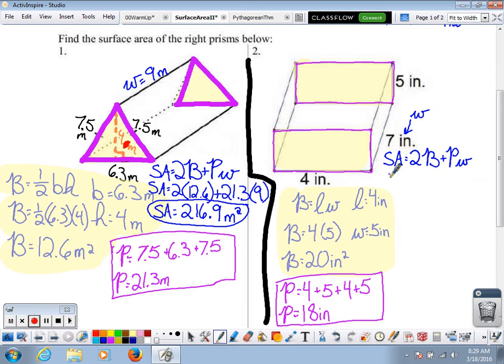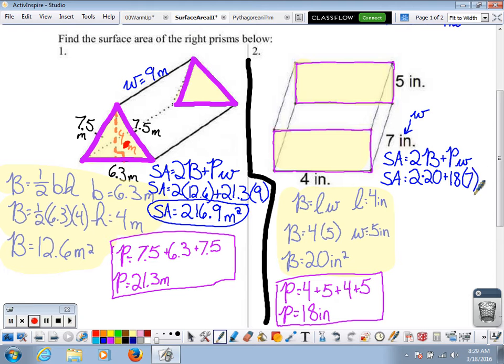So Noah, surface area equals, let's bring down the 2. And what's the area of the base? What did we find? 20 square inches plus, what was the perimeter? 18 times, how far apart were those bases? 7 inches.